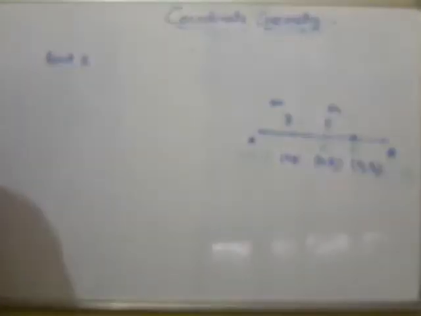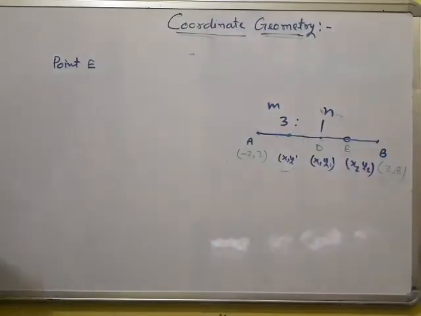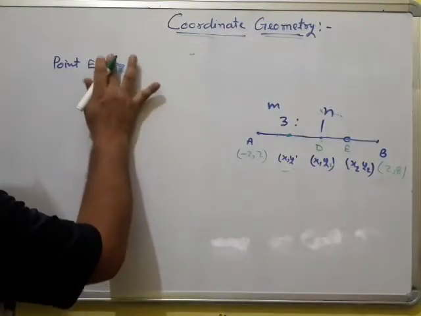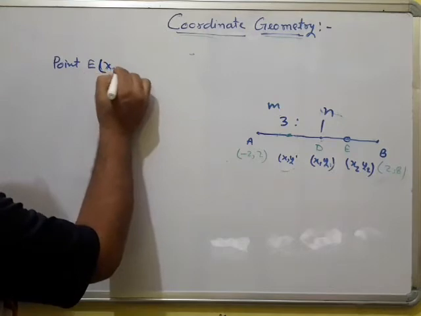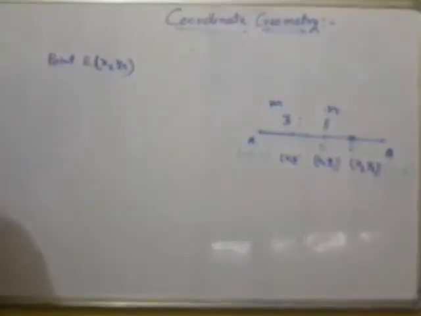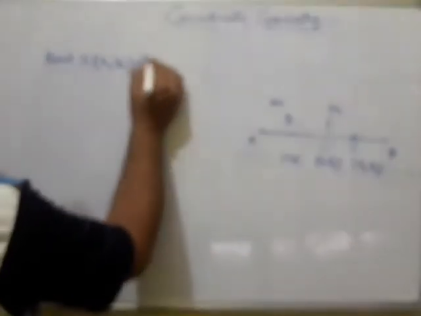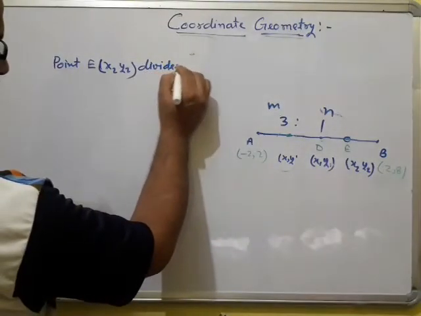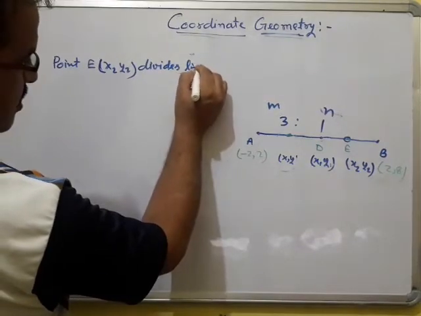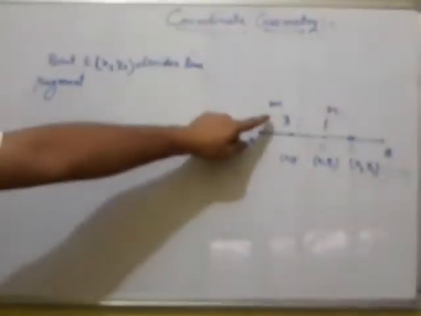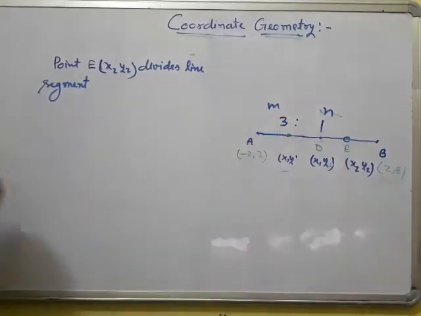Point E and its coordinates here (x2, y2). (x2, y2) divides the line segment in which ratio? 3:1.